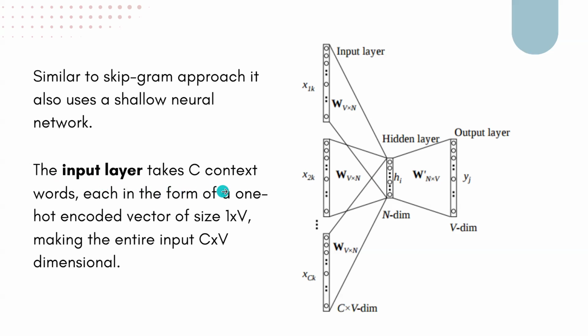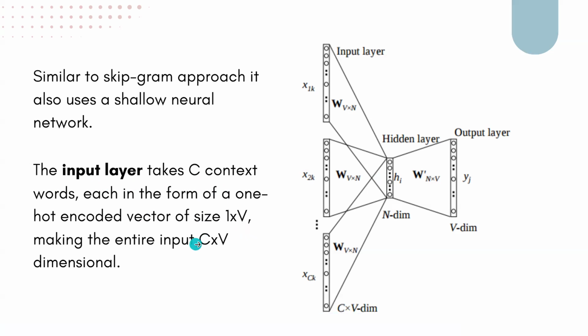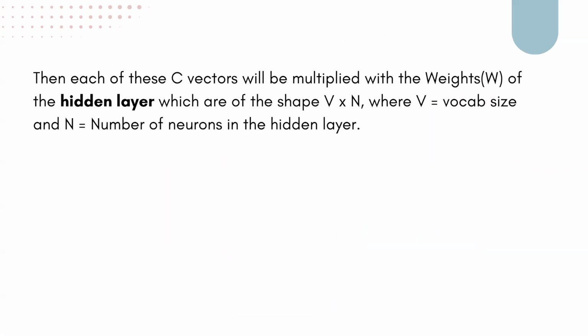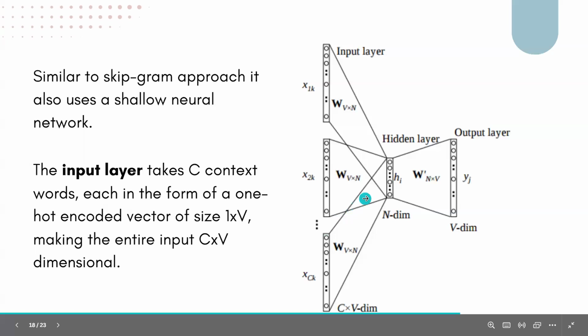So the input layer will take C context words, and each of them will be a one hot encoded vector of size 1 cross V, making the entire input of C cross V dimension. I hope it's clear. There are C x's, and each of them is of size 1 cross V. And then after multiplying this by a V cross N matrix, we get a C cross N matrix.